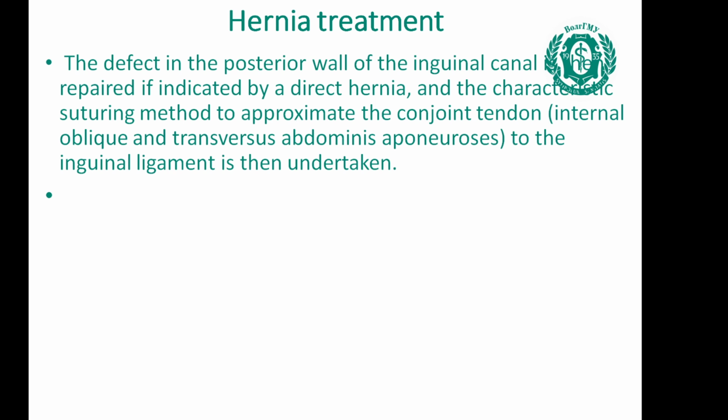In other words, when we use the technique of Bassini, we should sew the margins of the internal oblique abdominis and transversalis muscle with the inguinal ligament to reinforce the posterior wall of the inguinal canal.